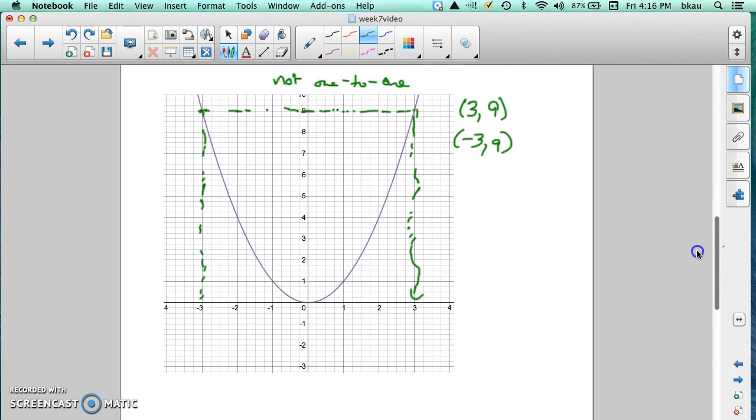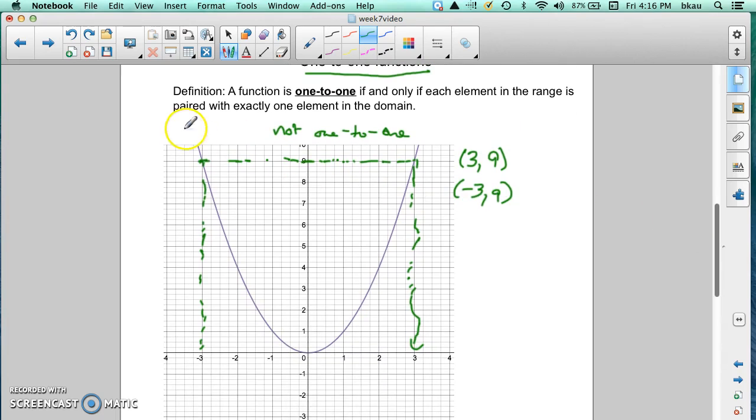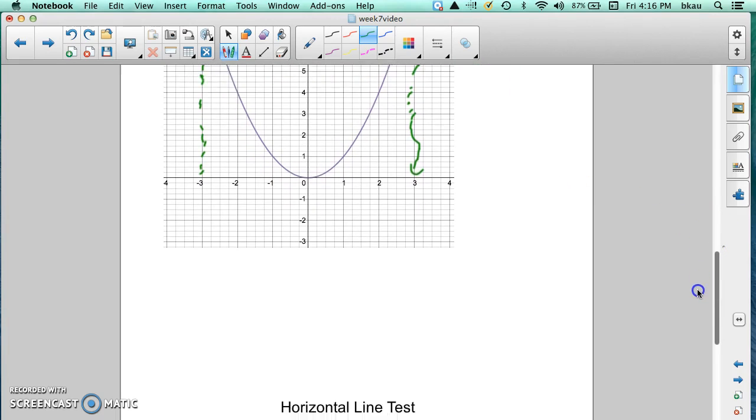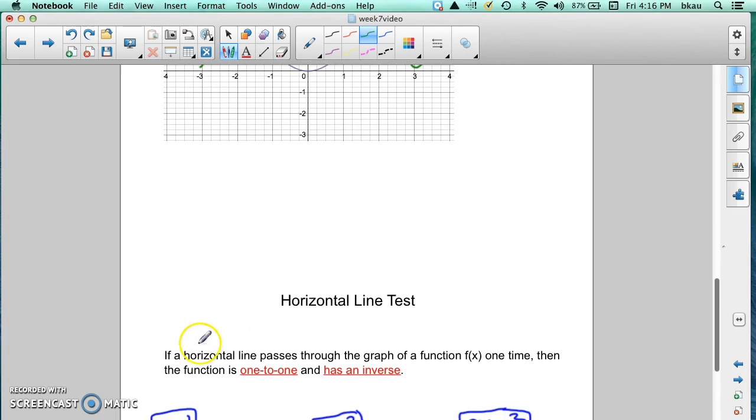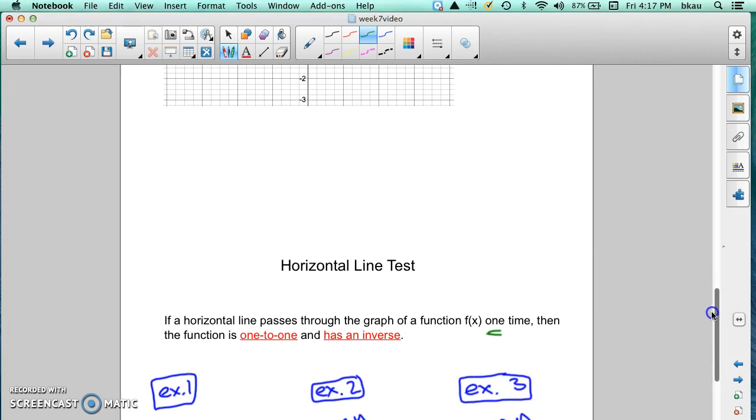Now, we could show that it's one-to-one by having a horizontal line cross only once. That's called the horizontal line test. If a horizontal line passes through the graph one time, then it's one-to-one and it has an inverse.